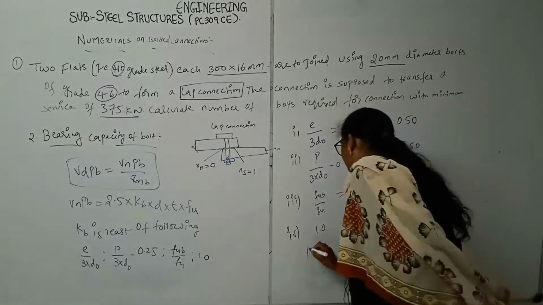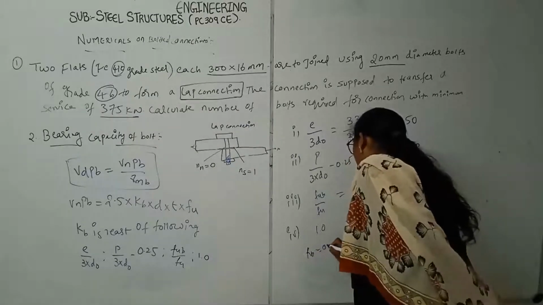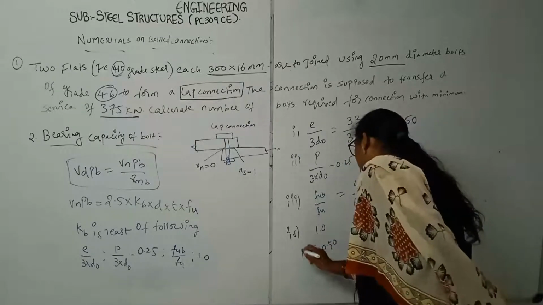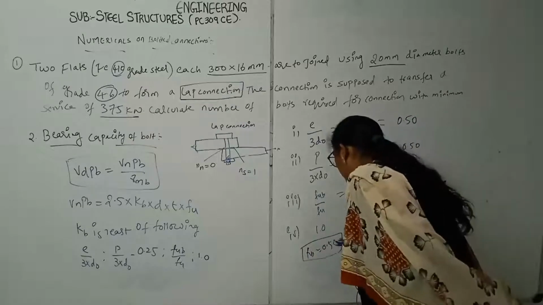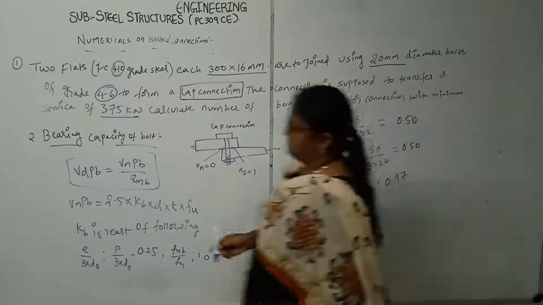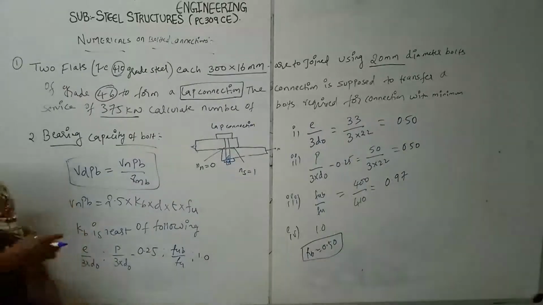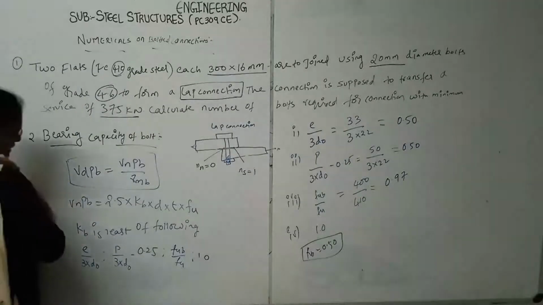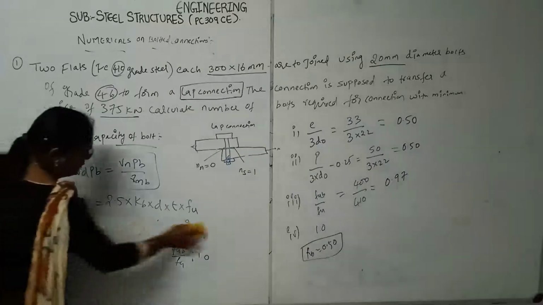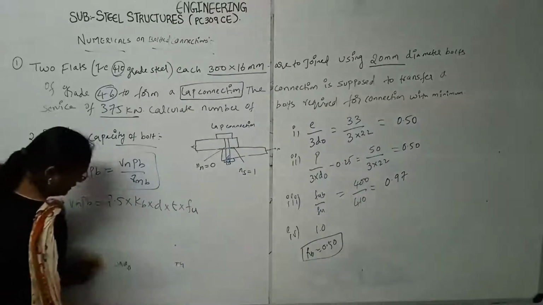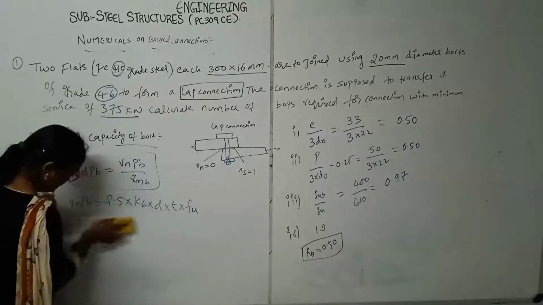So obviously the KB value will be 0.50. Now we need to substitute the values we have got here.